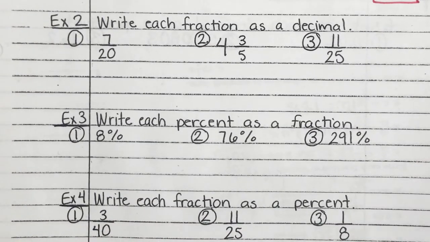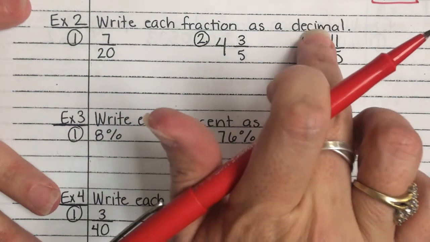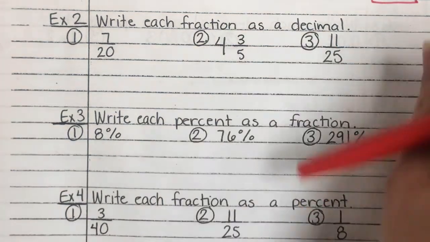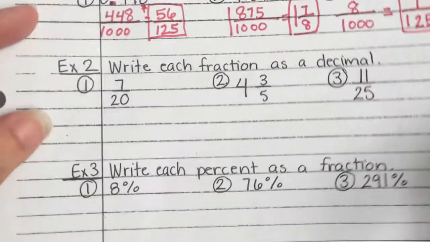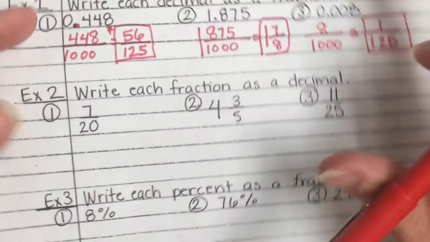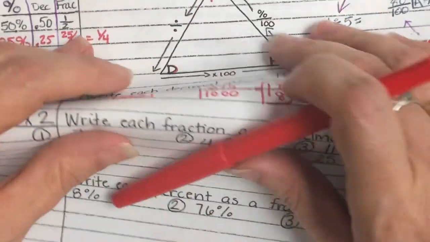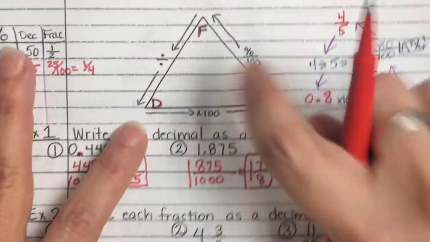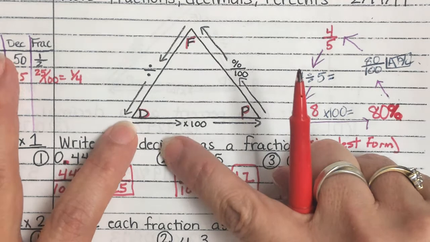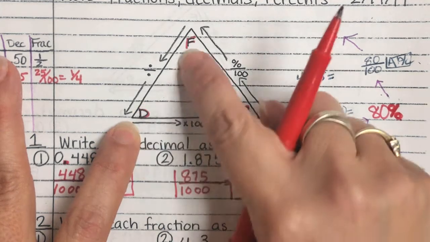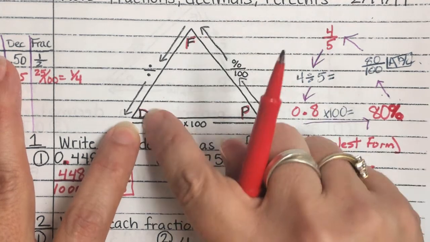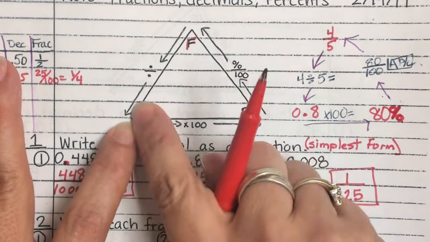Okay. Now we're going to change what we're doing. We're changing from a fraction to a decimal. Personally, looking up at this little triangle, it helps. It makes sense. Let me just show you. To go from a fraction to a decimal, it is one step. Divide. Top divided by bottom gives me the decimal.